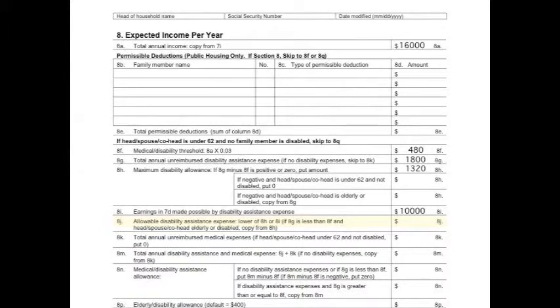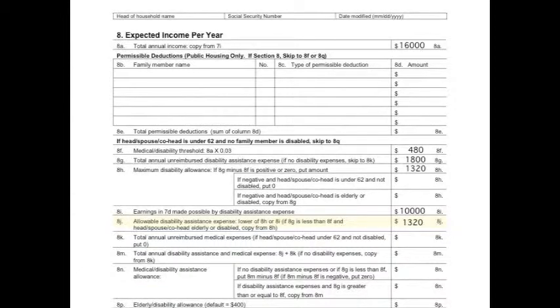Our answer on 8H is $1,320. Not zero, not blank, we're using the field that has the answer in it. So we're going to compare 1,320 to $10,000, which is the lower amount. On 8J, we're going to put our answer of $1,320.